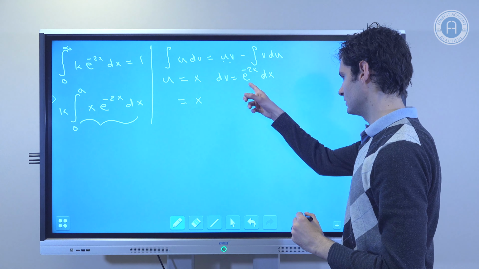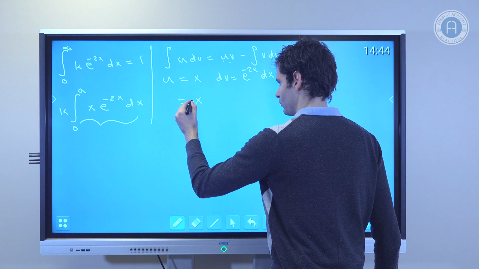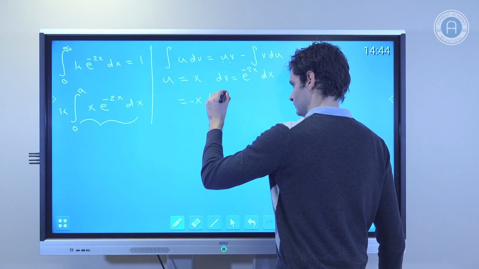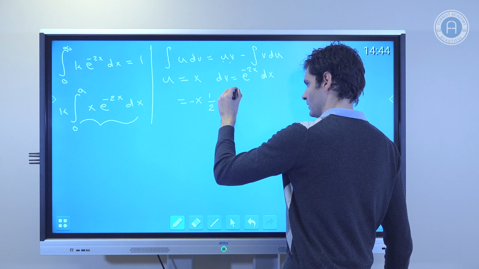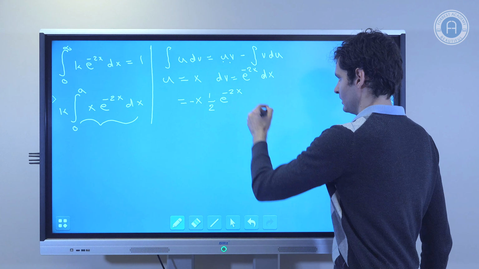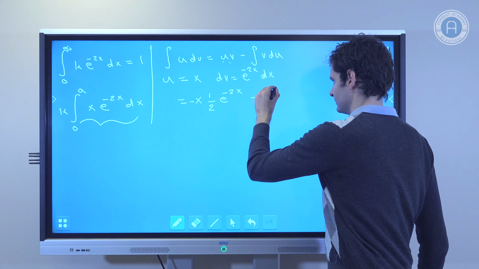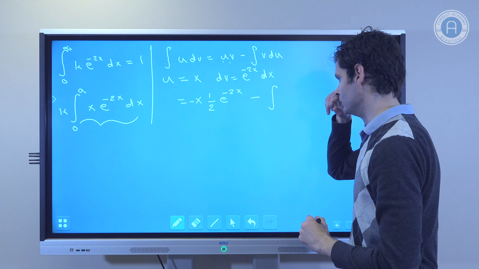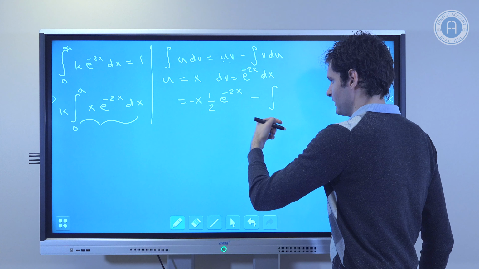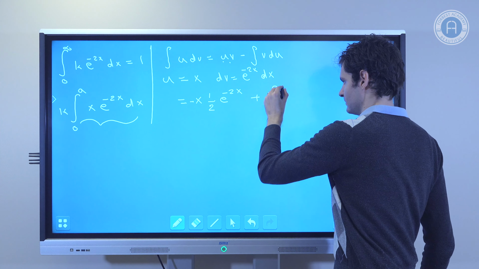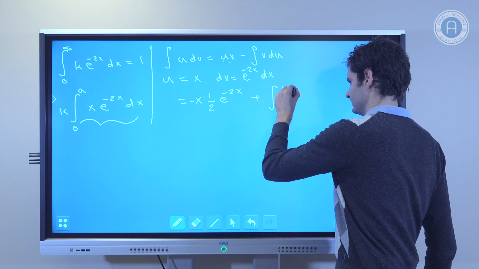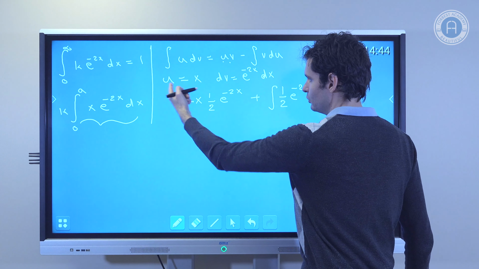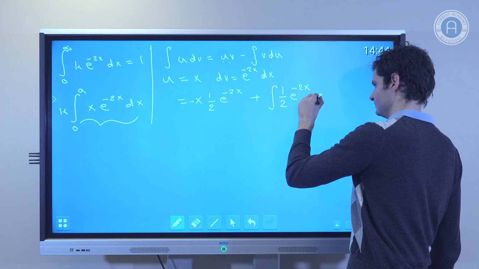Well, v, we just integrate this, which is just minus 1/2 e to the minus 2x. And minus the integral of v du. Again, v, and then as you can see, du is just dx.